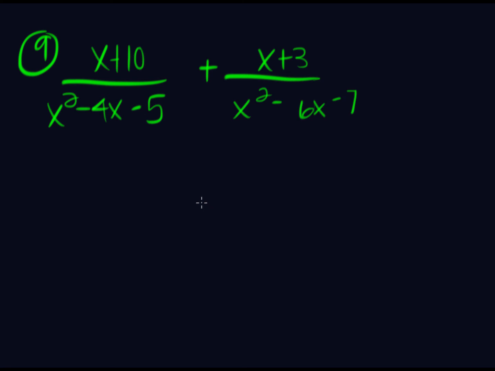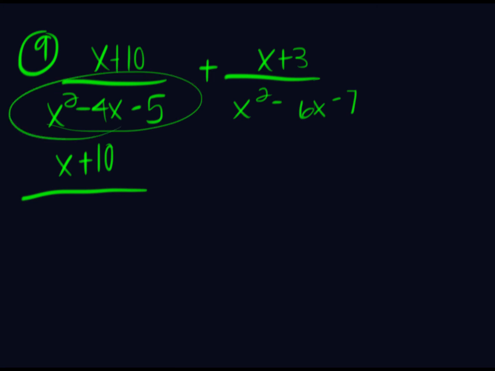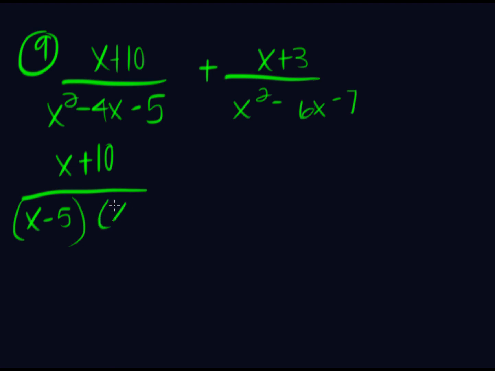In example number 9, to combine these two rational expressions by adding, we want to make sure that they have the same denominator. So we start off by finding the LCD, and I think that it's easiest to find the LCD if we factor those denominators and rewrite it. So I would rewrite this first expression as x over, now this trinomial right here, the factors of -5 that add to give me -4 would be -5 and +1.